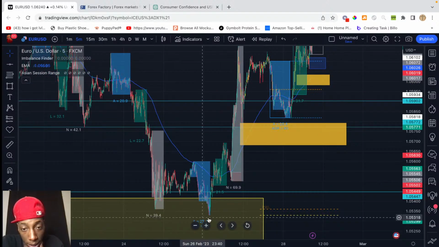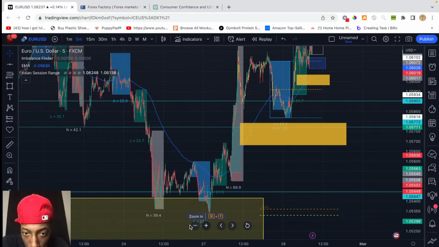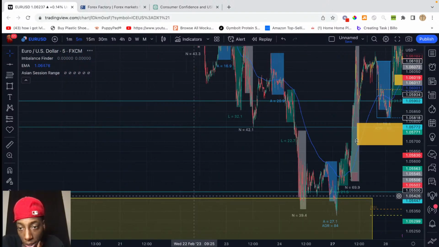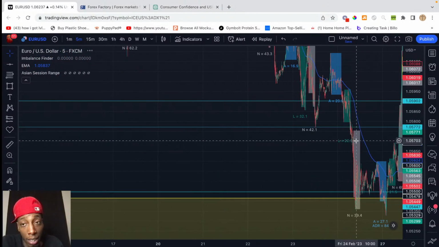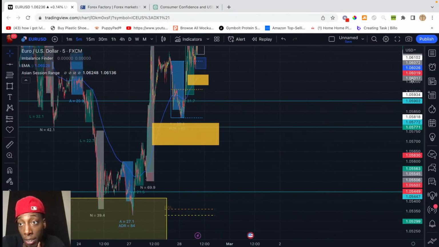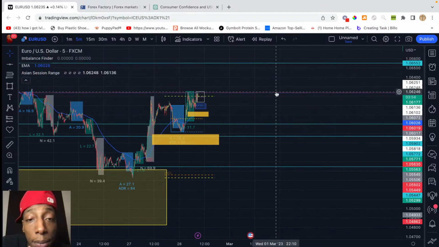And we've been going up since the 27th. Hold on, I'm tripping. That was just yesterday when it bounced off this 1 hour. So we are bouncing off a 1 hour. We did get that high off that 1 hour demand.